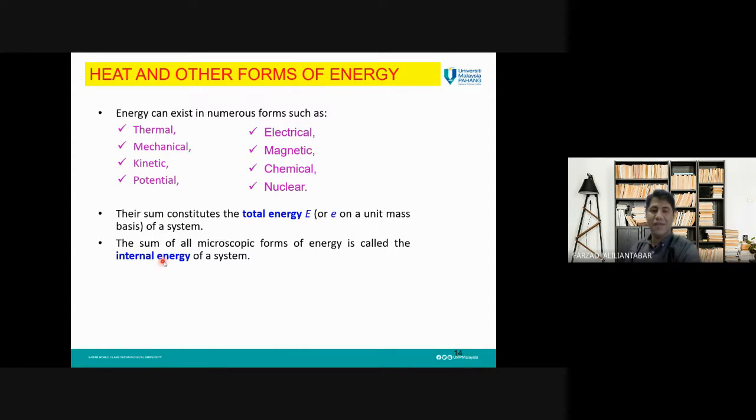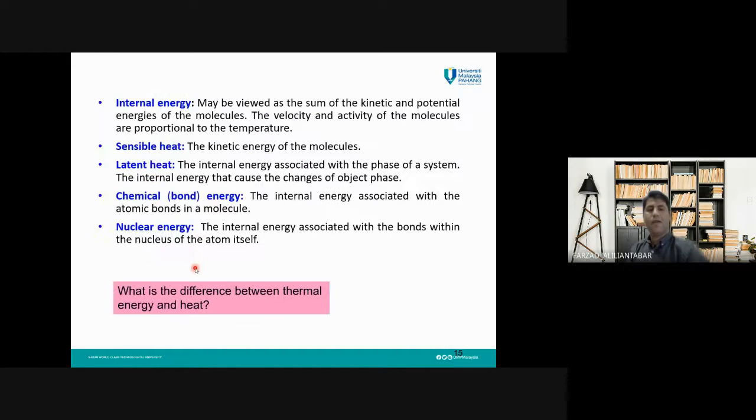The other classification is internal energy. The sum of all microscopic forms of energy for a system is called internal energy. We will see what the microscopic forms of energy are. This internal energy is important because mainly we have only internal energy for the system.